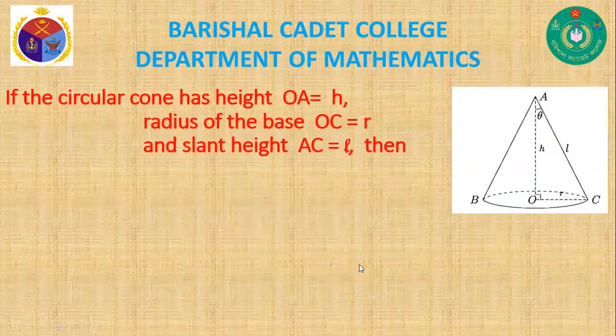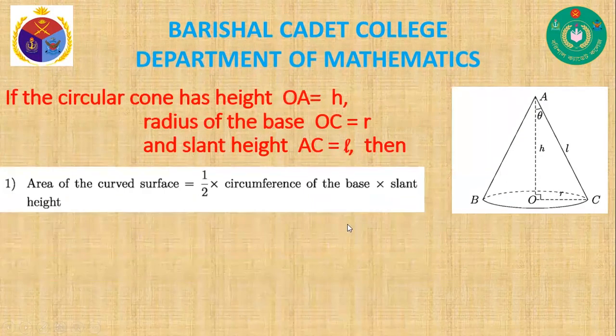Now we will know some formulas related to the right circular cone. Boys, if the circular cone has height OA, that is OA equal to h, OC equal to r, and AC, this is the slant height, AC equal to l, then what will be the area of the curved surface?